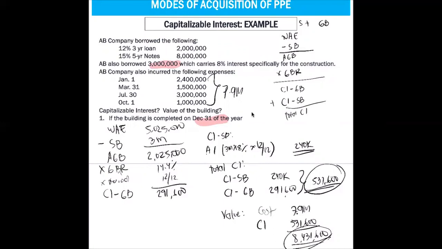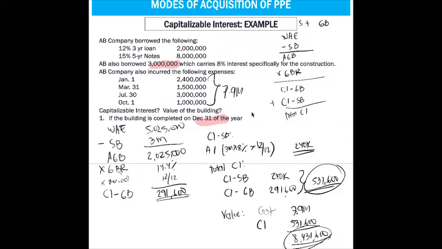But for a specific borrowing, we still have the same formula. We have your actual interest less any income earned. However, in this example, we do not have any income earned. Therefore, we just get for the actual interest, which is 3 million times 8% times 12 over 12, 240,000. And then we combine the two amounts that we have computed, the general borrowing 291,600 and the specific borrowing 240,000.